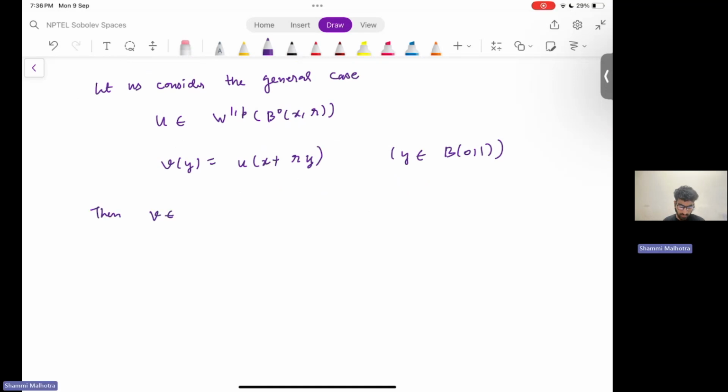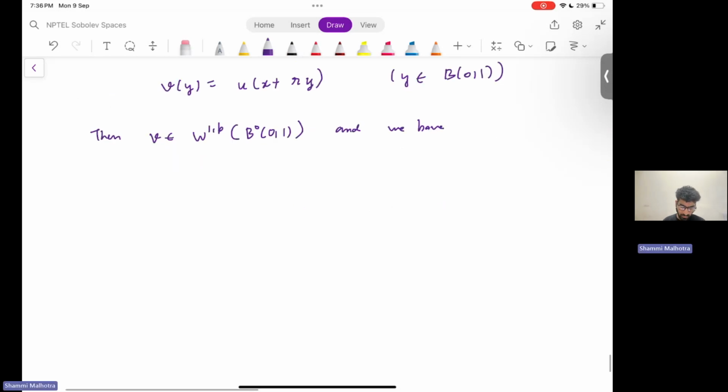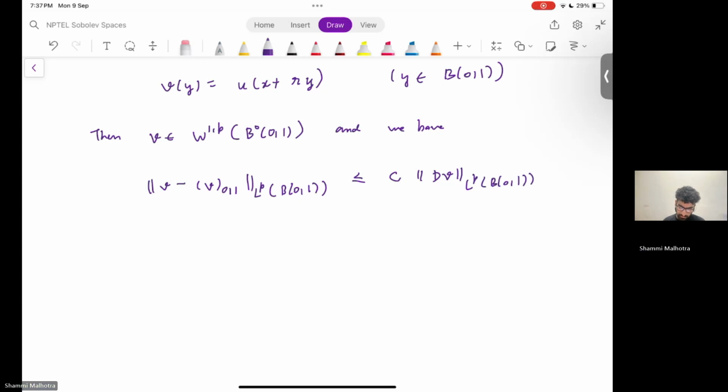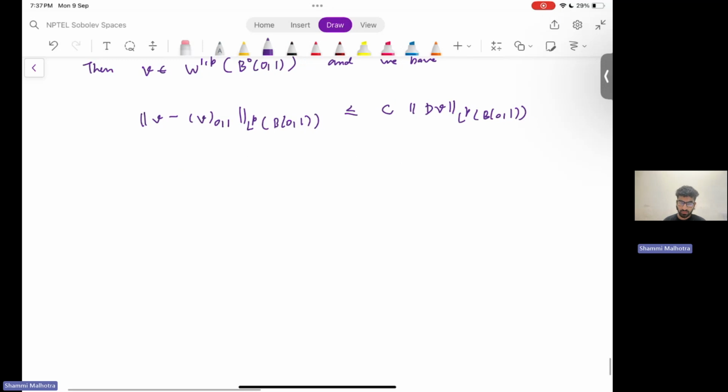Then v is in W^{1,p}(B(0,1)), and we can apply the Poincaré inequality for the unit ball: the L^p norm of v minus v_{0,1} on B(0,1) is less than or equal to some C times the L^p norm of Dv on B(0,1). So let us see what both my left and right hand sides are.